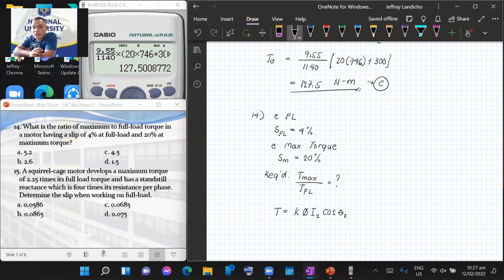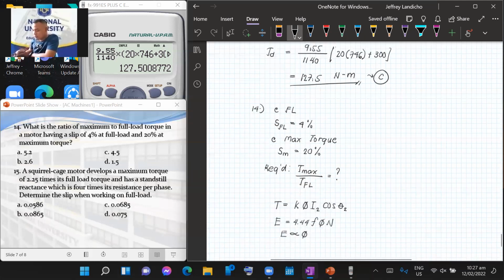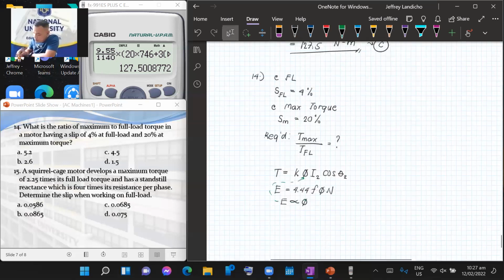So, for frequency constant and number of turns constant, the flux is also proportional kanina kay voltage. Tama ba, kapatid? So, since from the equation E equals 4.44 f N phi m, pwede natin sabihin voltage is also proportional to flux. So instead of flux ang gamitin natin, palitan natin to as voltage.